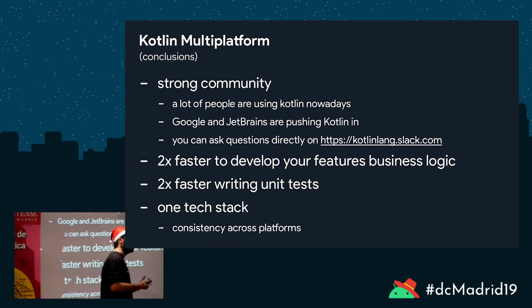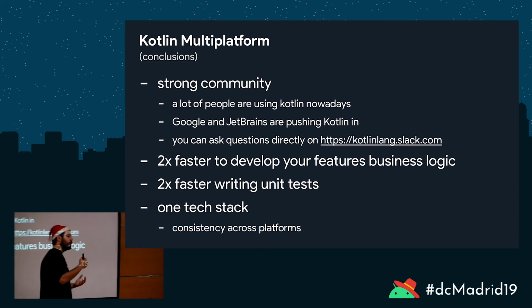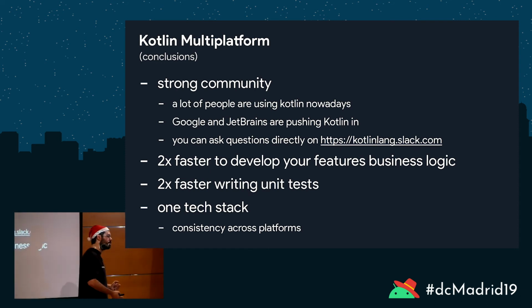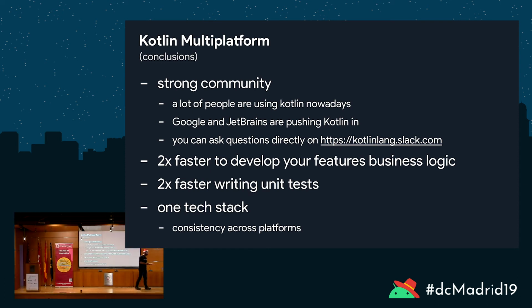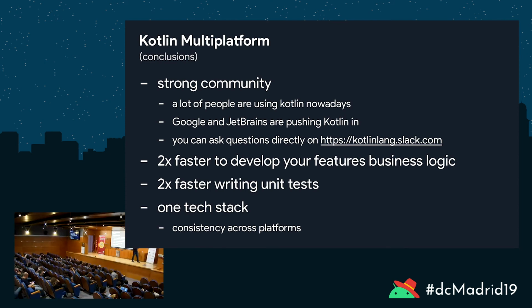It's way faster to write your unit tests because you only need to write them once. And in the end, it's a one-tech stack, meaning that you've got consistency across both platforms. And it also means that if you're going to have a bug, you're going to have it on both platforms. But when you fix a bug, you fix the bug on two platforms. So, yay.